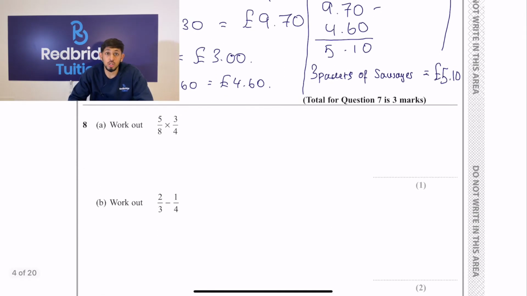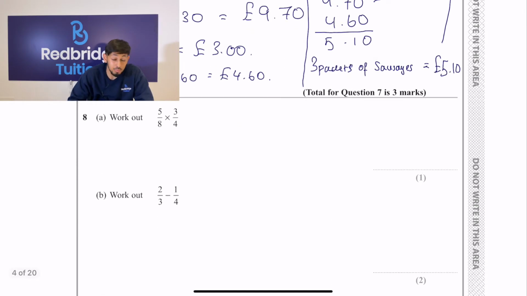Now, if you look at question number 8, question 8a says to work out 5/8 times 3/4. Now, when timesing fractions, we times the numerators together and we times the denominators together.